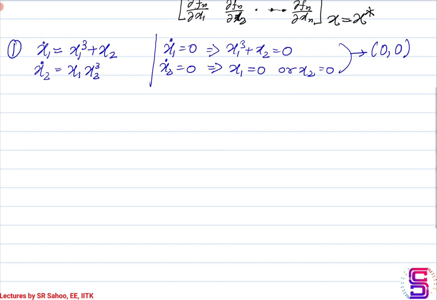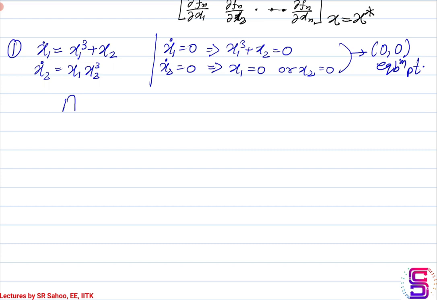Okay, now we want to see whether the equilibrium point 0 0 is stable or not. So this is the equilibrium point, and we'll use the idea of linearization to obtain the stability. So what is the A matrix? The A matrix is del f by del x evaluated at x equal to x star, which is 0 0 in this case.